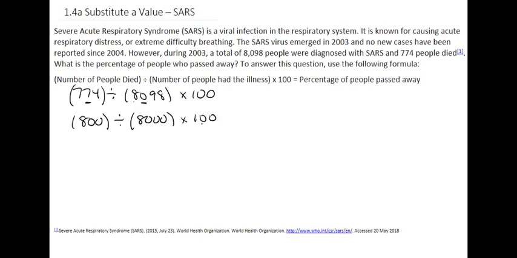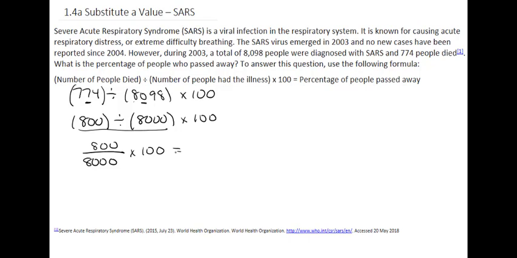So now that we have 800 and 8,000, we are going to first divide this number here. So we have 800 divided by 8,000. And then we're going to multiply by 100. One of the things that we could do to make life a little bit easier for us is factor.